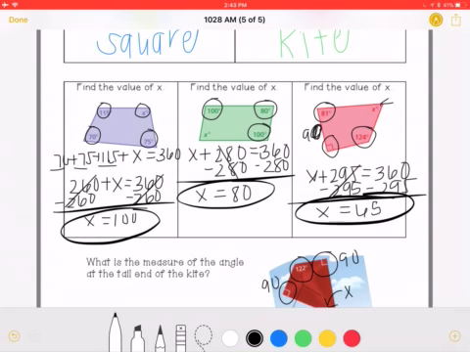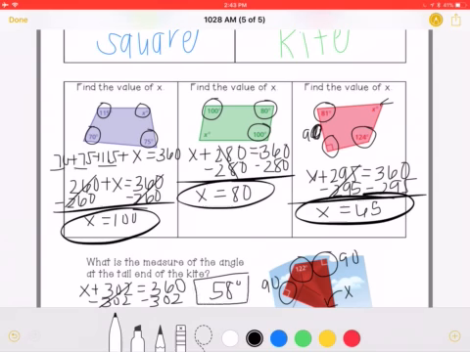And I get 302. Set that equal to 360. Now just solve for x. 360 minus 302 gives me 58 degrees. That's my missing angle measure at the tail end of the kite.